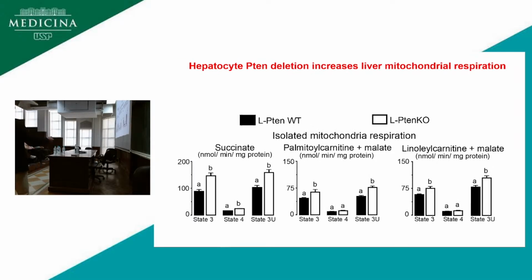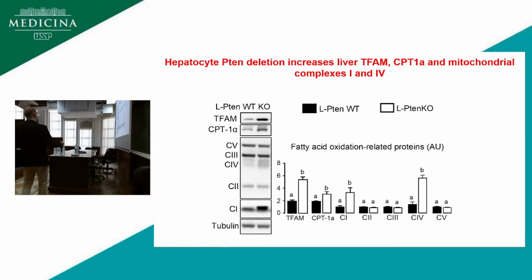We also isolated mitochondria from the liver of these mice and measured mitochondrial respiration in the presence of succinate, and we do see some increased respiration, but also in the presence of two different fatty acids, palmitoyl carnitine and linoleoyl carnitine, and we did find an increase in the respiration in the presence of these fatty acids. We also measured the protein content of some proteins related to fatty acid oxidation, such as TFAM. TFAM is a transcription factor that regulates the expression of several mitochondrial proteins.